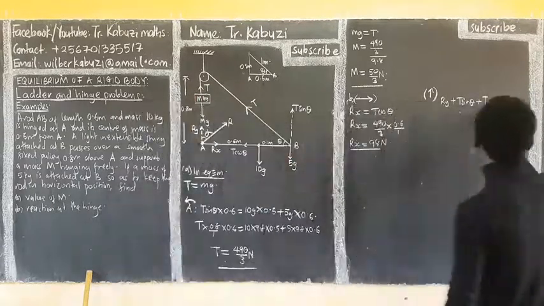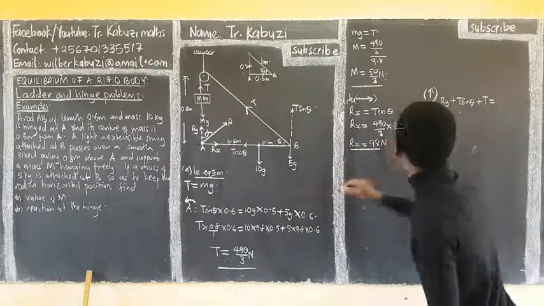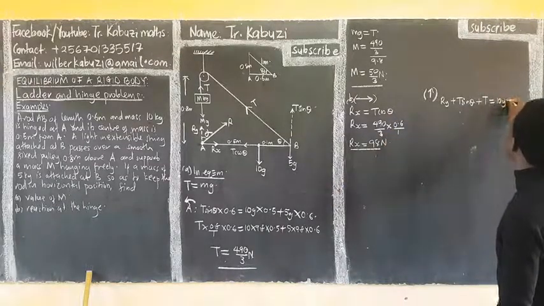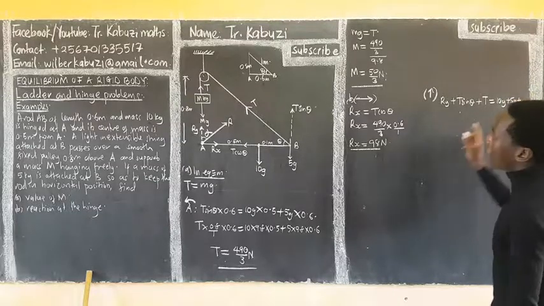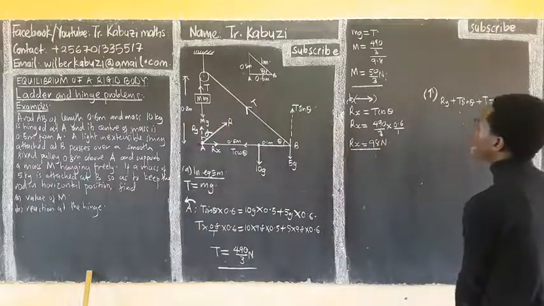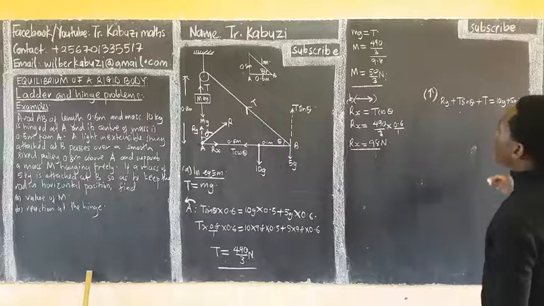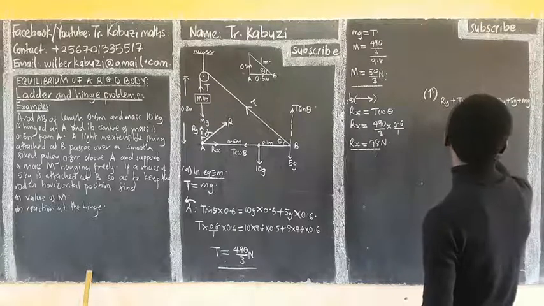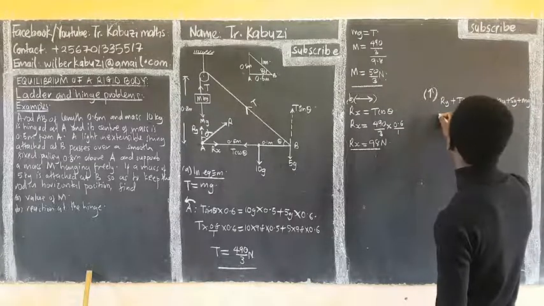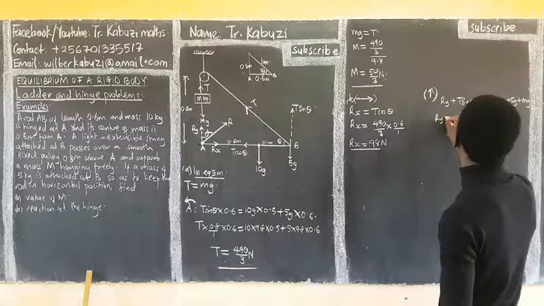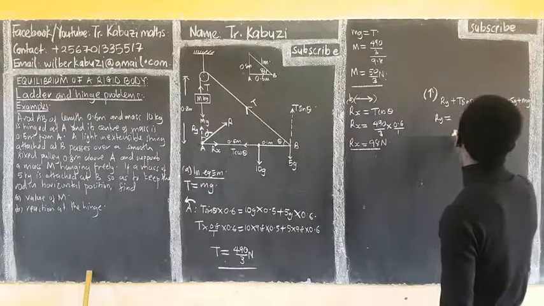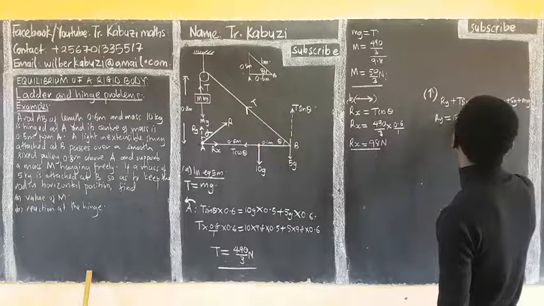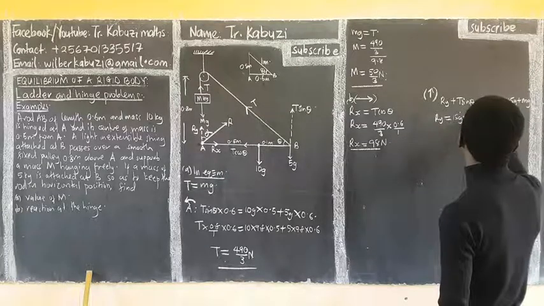Then it's going to be equaling to, we have 10 plus 5 g, then plus mg. So from here you can see that this is 15. So my Ry is going to be 15g plus our m, which is 50 over 3 g, then minus.